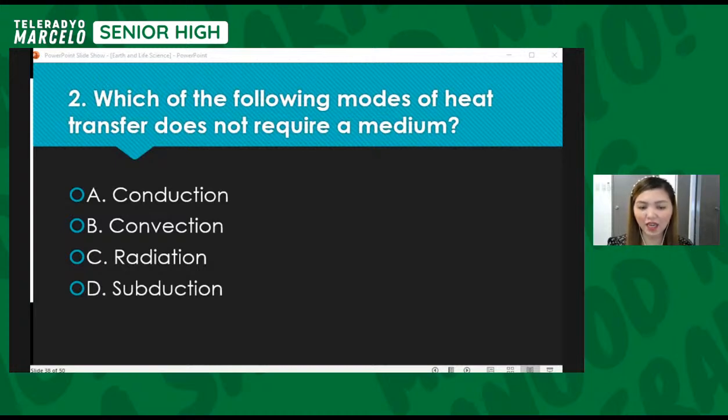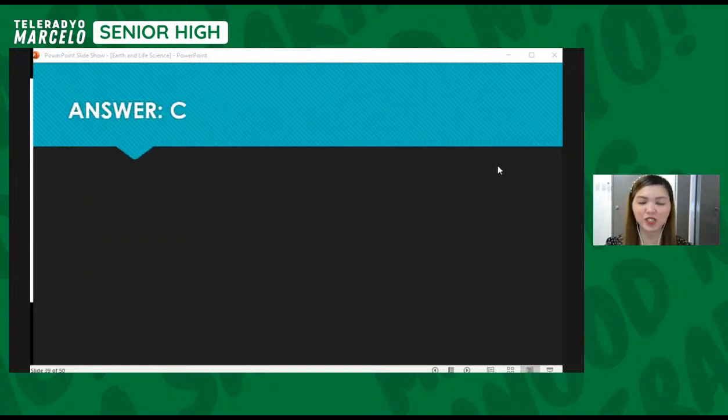Okay, so I'm seeing correct answers. Yeah, it's letter C. Very good. It's radiation. Wow, you're doing a good job, everyone.